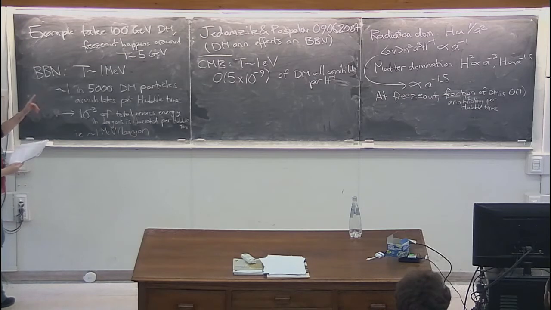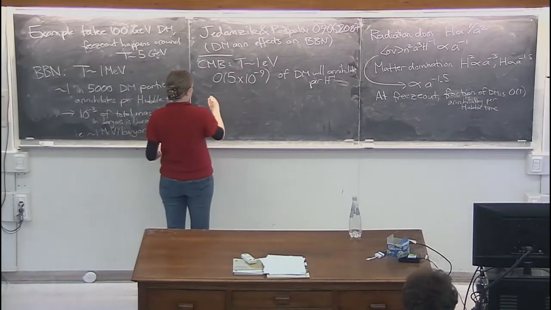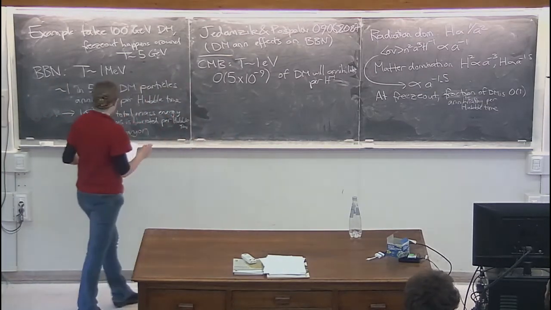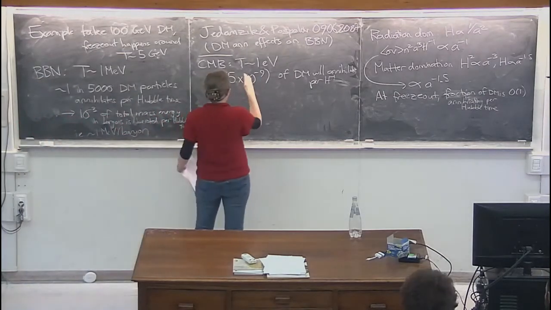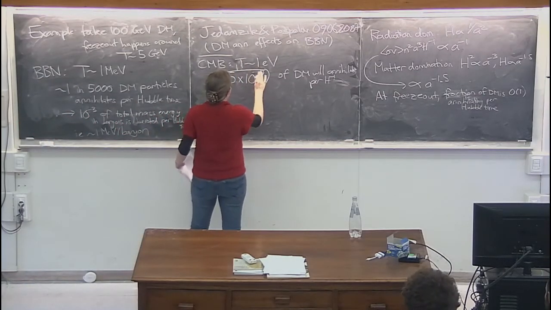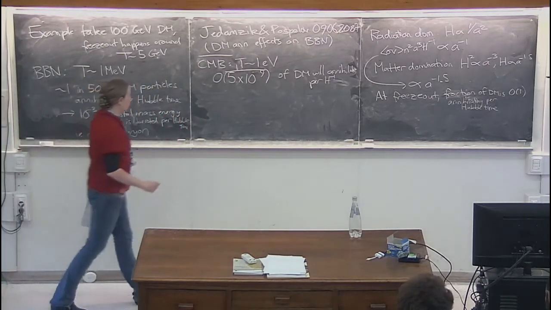Okay, that looks right. So this is 1 in 5 billion dark matter particles, so roughly 1 over 5 times 10 to the 9 of DM will annihilate at this time.